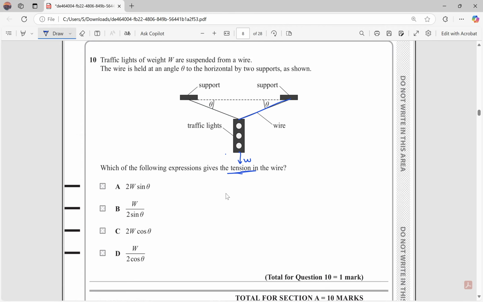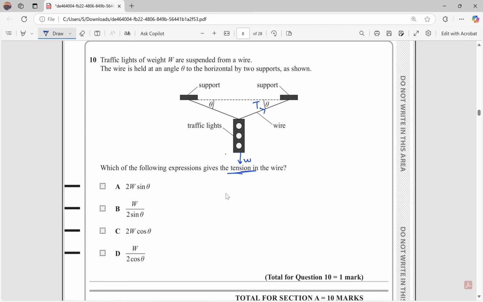Whenever a wire, a cable, string, they're held tight, there is always tension in them. And tension acts towards the object that is pulling something. Like here, the traffic light is being pulled by the support.